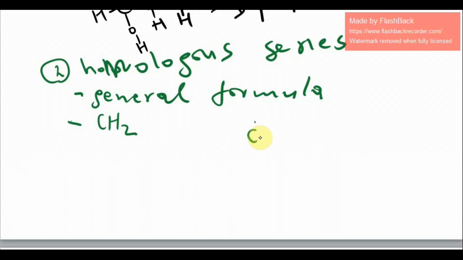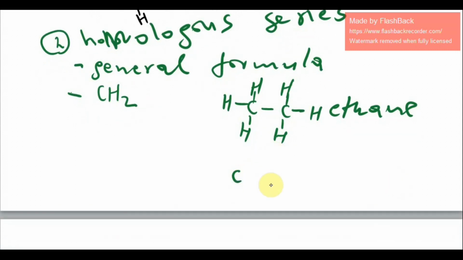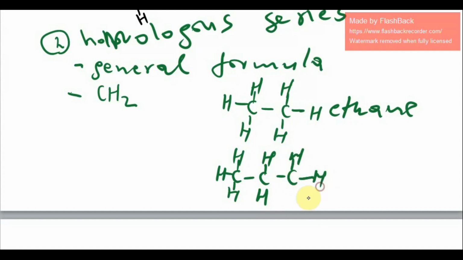If you look at this one, this one is ethane. Okay, this is an ethane. Then let's look at this one: 1, 2, 3, with hydrogen, hydrogen, hydrogen, hydrogen, hydrogen.